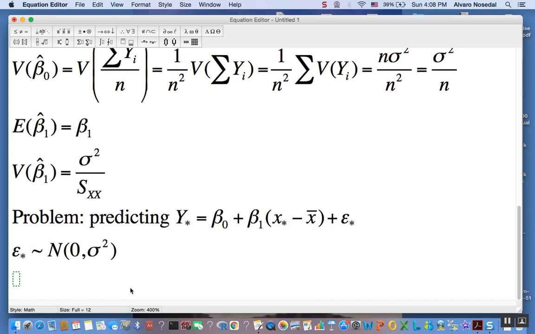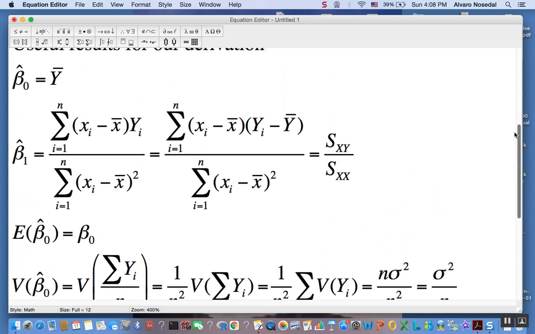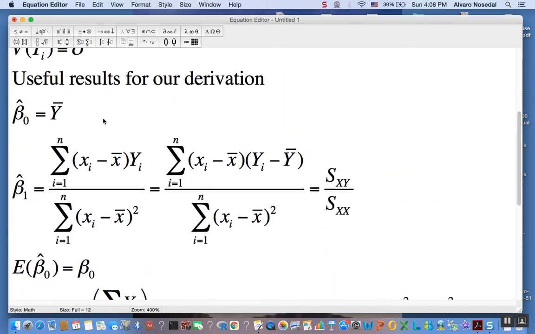Now it makes sense that if we want to estimate this quantity, we also talked about how in this case the maximum likelihood estimators of beta 0 and beta 1 happen to be the same as the least squares estimators, which are these.